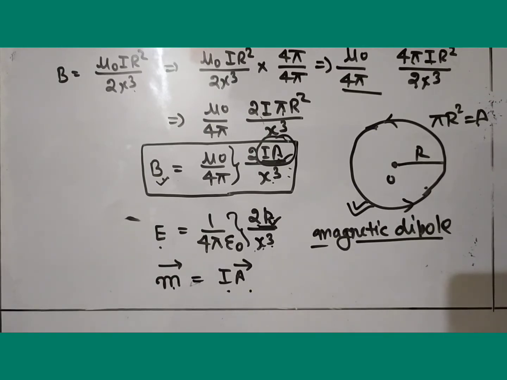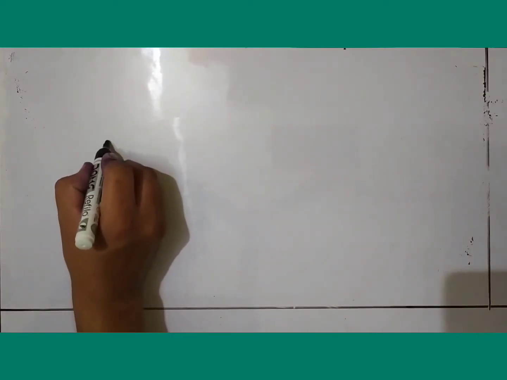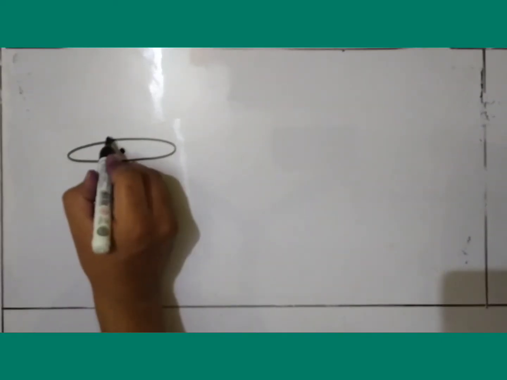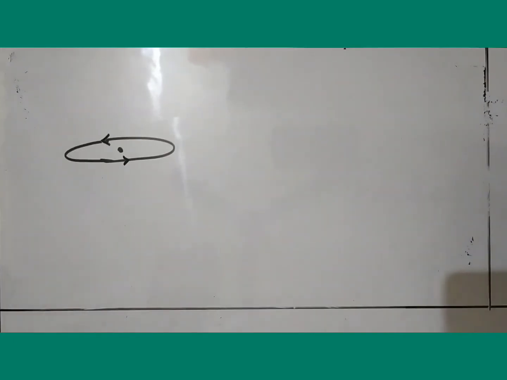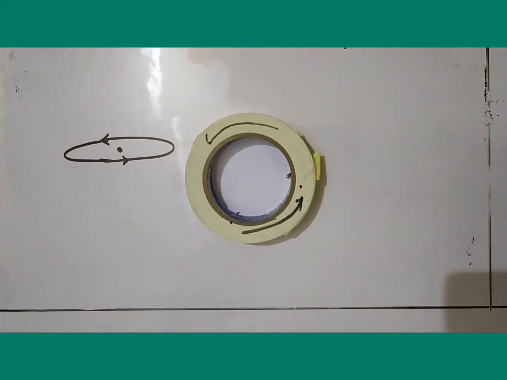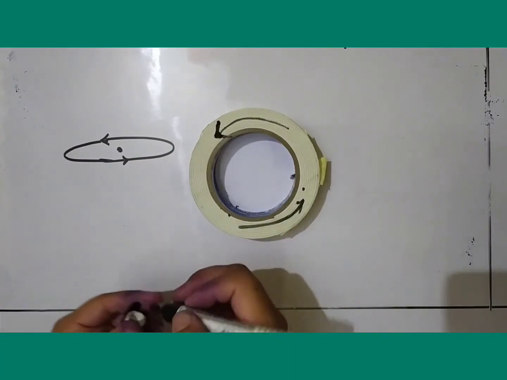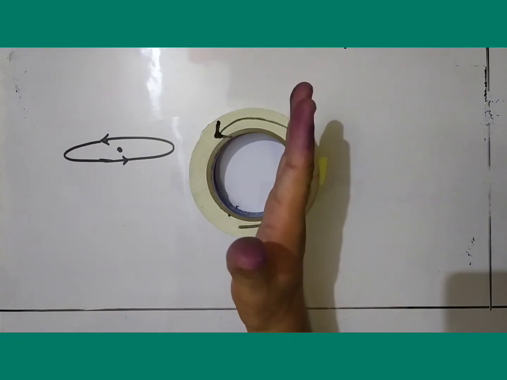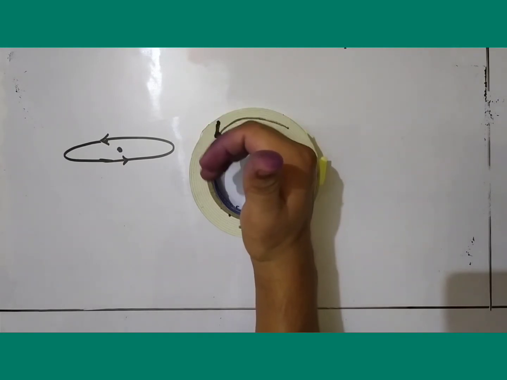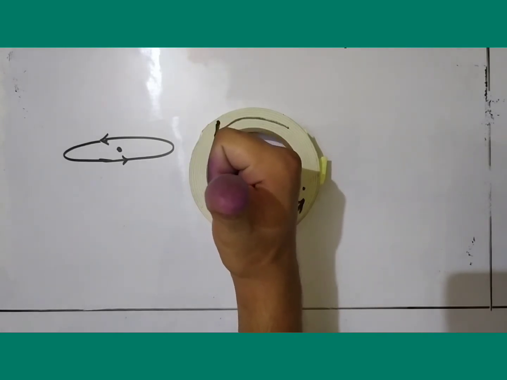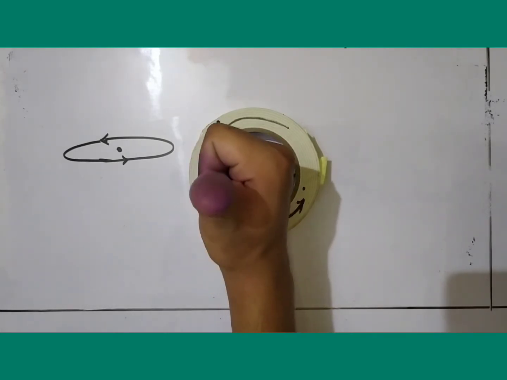So if we have the circular current loop as this one, and this is the center, and current is flowing in the anti-clockwise direction, we will curl the fingers of the right hand along the direction of the current, and the direction of the thumb will represent the direction of the area vector and simultaneously the direction of the magnetic moment.